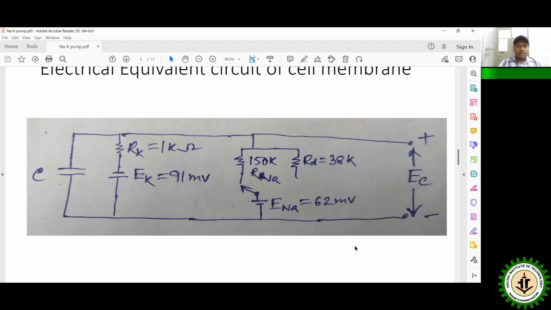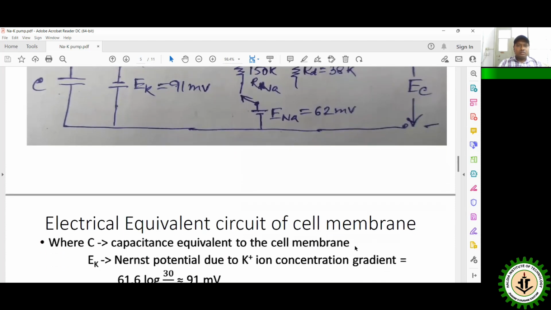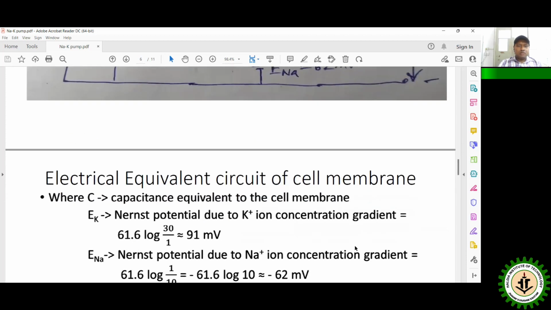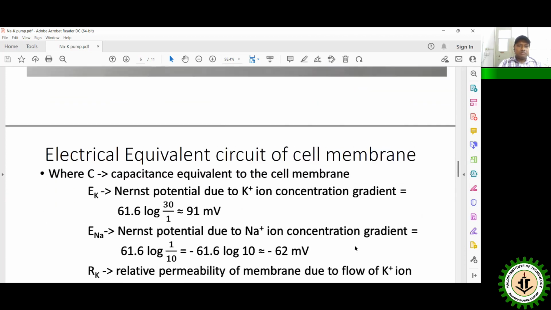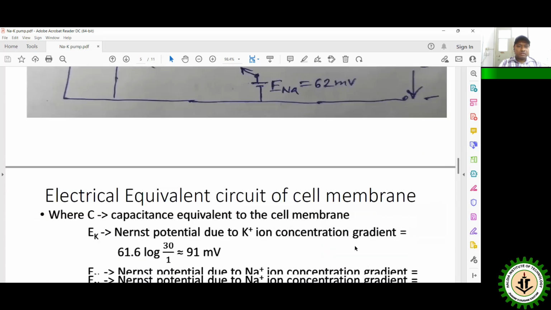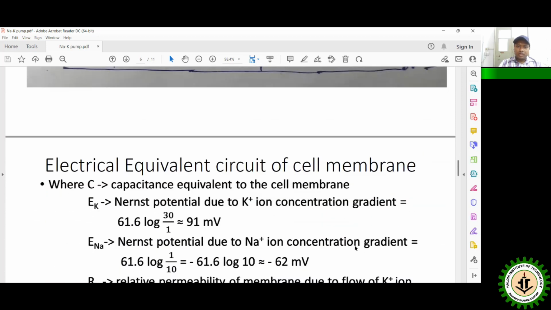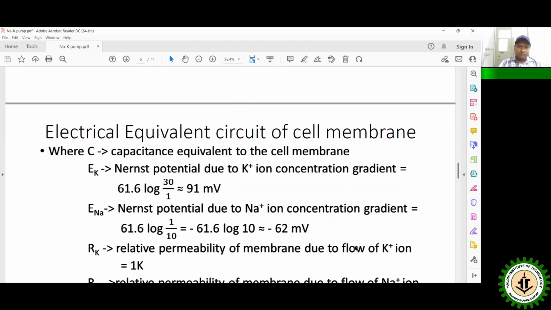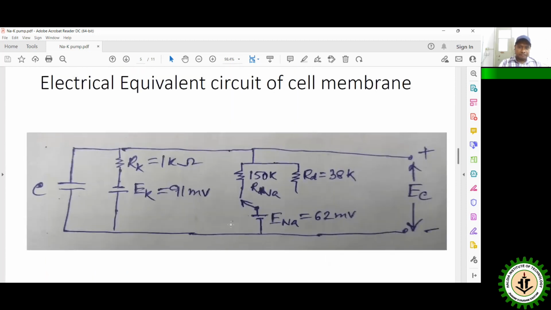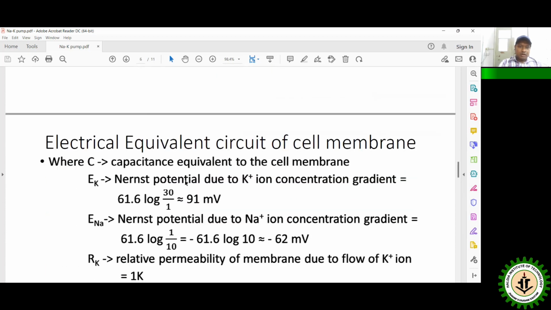Now let us see what is what in detail. From this circuit, C, on the very left side, this capacitor is the capacitance equivalent to the cell membrane. Ek is the Nernst potential due to the potassium ion concentration gradient, which was 30 times higher inside the cell.